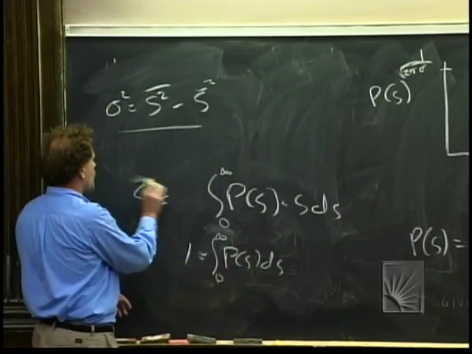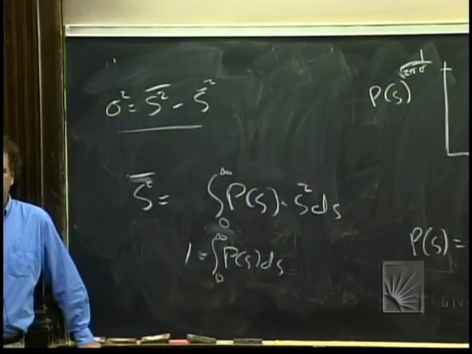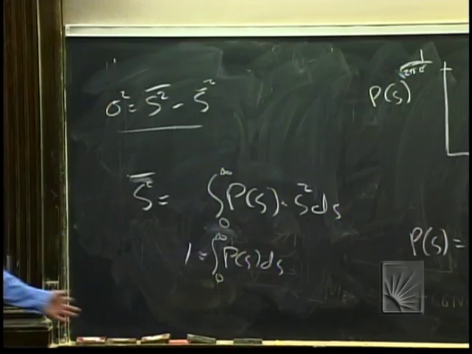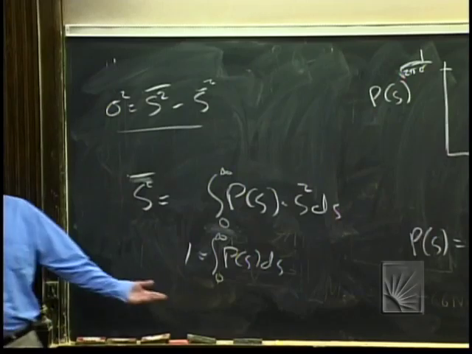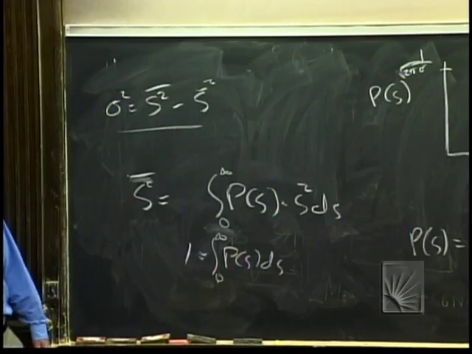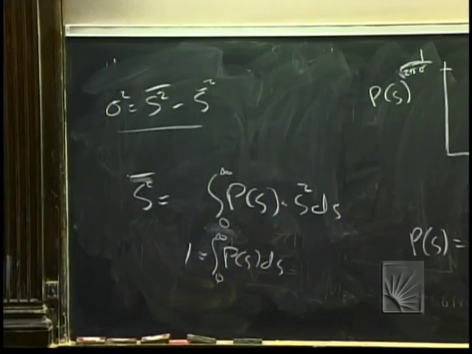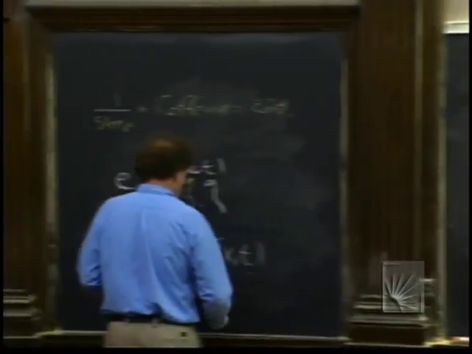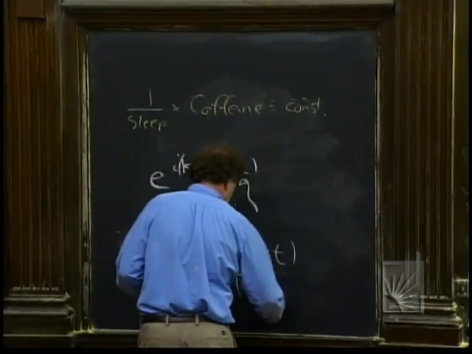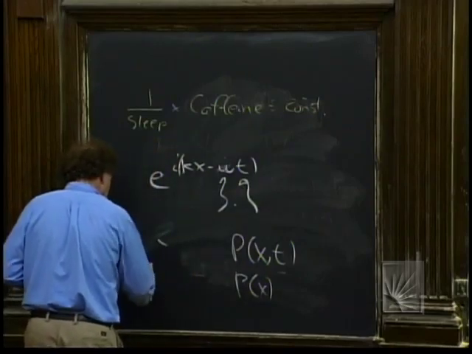The average of S squared is found the same way. That's what it means to find the average of something, the something being a function of a variable, a score, or in quantum mechanics, an energy, or a momentum, or a position. I've been saying that the wave function is going to give me P of x and t, or in a lot of cases just P of x. Then if I ask, what's the average of x?